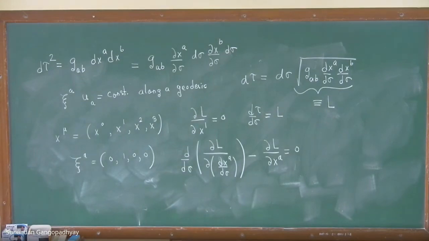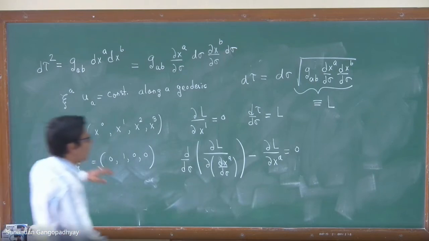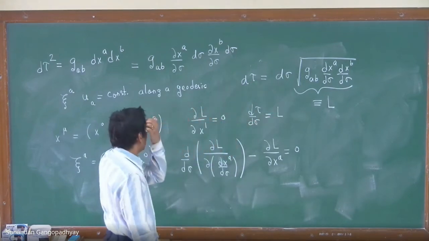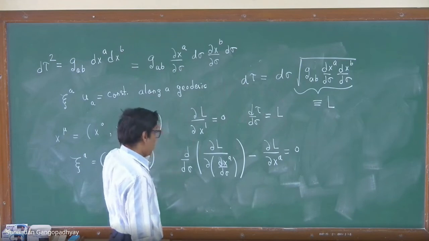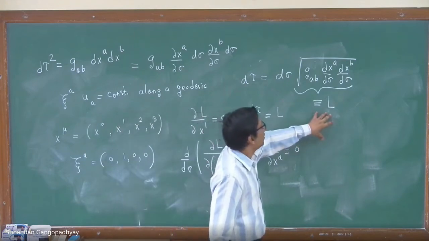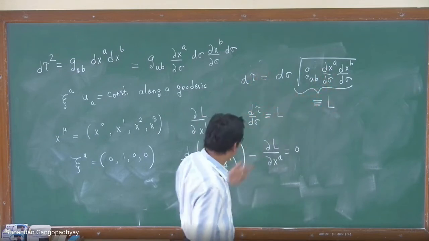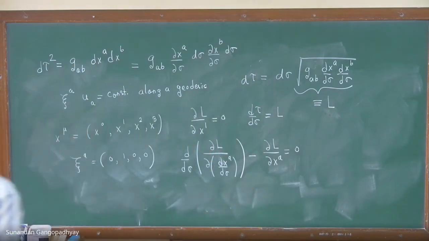Okay. Let us get back now to the problem that we were discussing. So from that Lagrangian, we have shown already that, you can think of it in this way: L is basically a function of dx by d sigma. If you treat this as a variational problem, you will end up with this Lagrange equation.